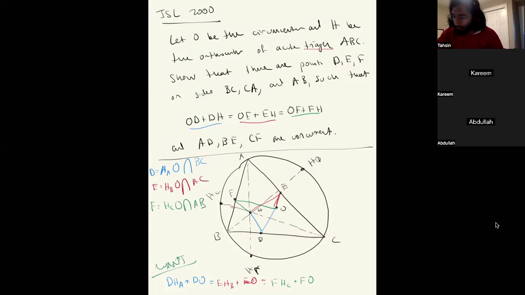And then if we do it like this, these are all equal to the circumradius. Yeah, so that's a very natural guess.